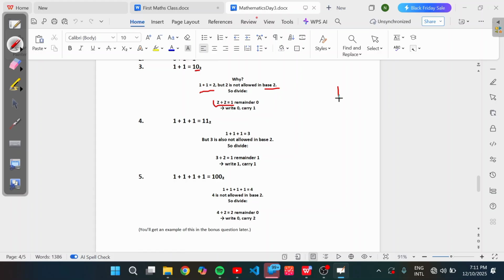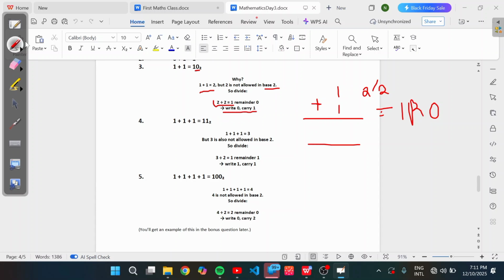So if it's something like this, 1 1 plus, and we're asked to solve, it's going to be 1 plus 1. Remember, it's going to be 2, right? Then we divide it by 2, and that will give you 1 remainder 0. And what were the instructions we were given?